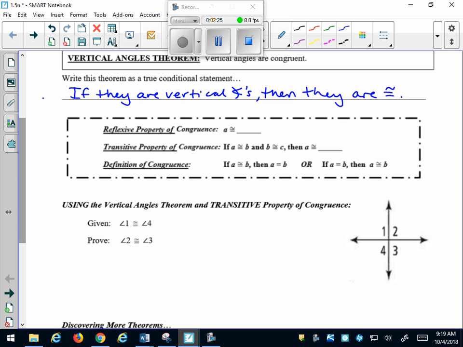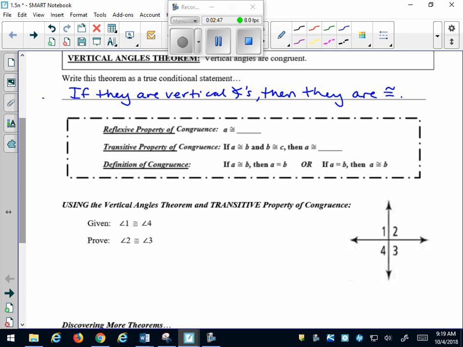This box gives us things we're already familiar with, with a little twist. Reflexive property. We talked about the reflexive property before, but it was a property of equality. We said A equals A, 2 equals 2, the same exact thing on both sides of an equal sign.